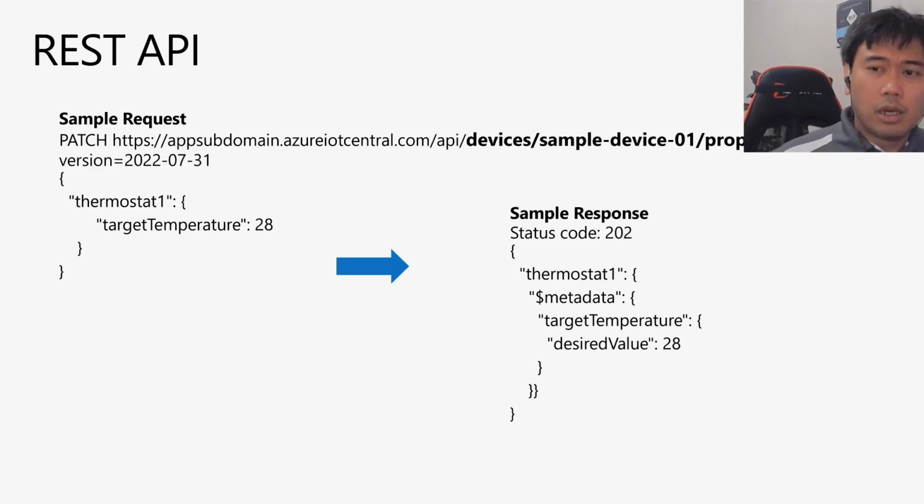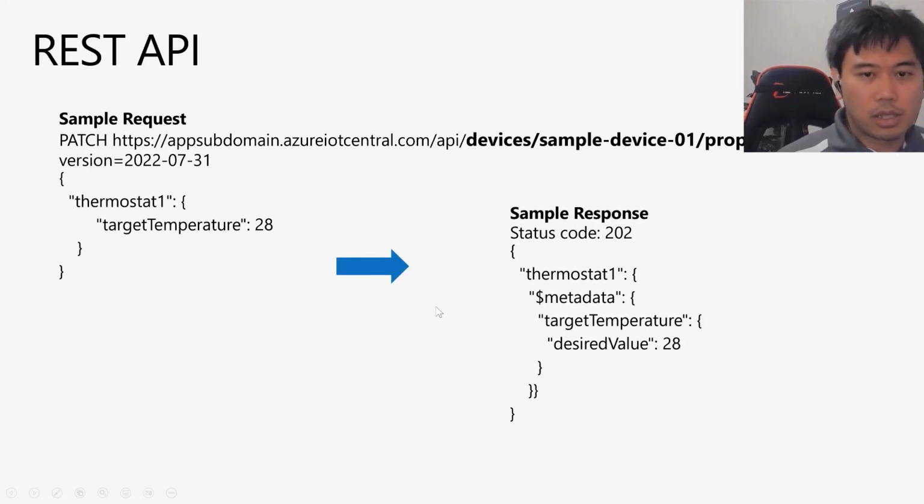You can look at the documentation to see which API you would use. In this case, in the body of our API call, we want to send the property and change the thermostat property. We specify the target temperature, a specific amount, and then it gives us a sample response.